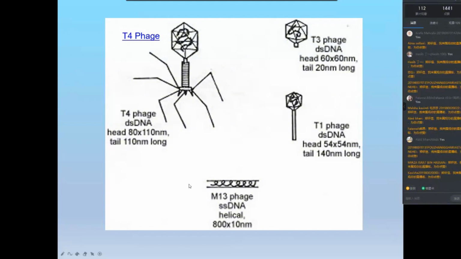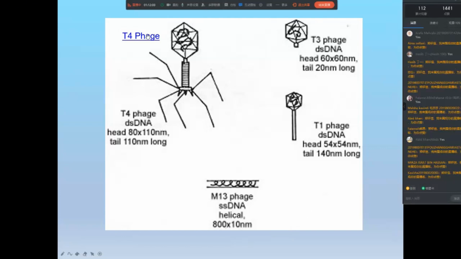And also there are these helical phages. This is the one we learned. This is one helical phage, M13 phage, which can infect bacterial cells.